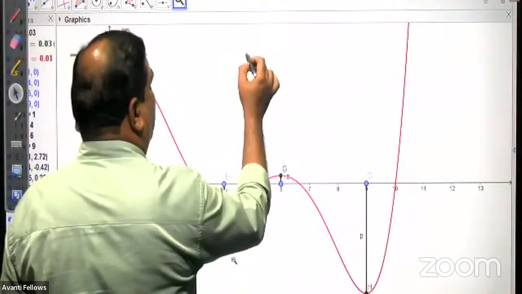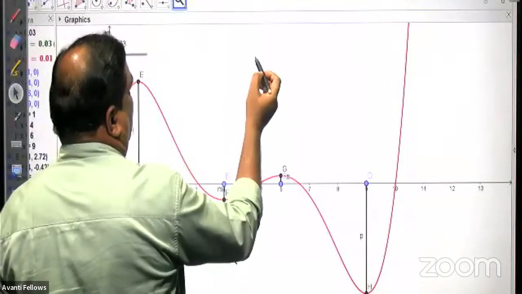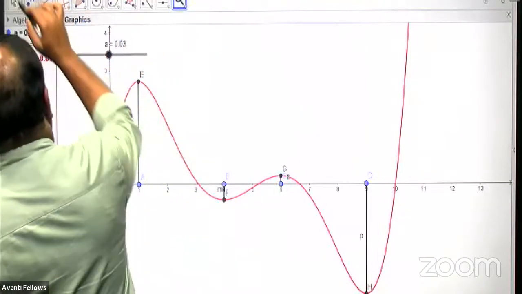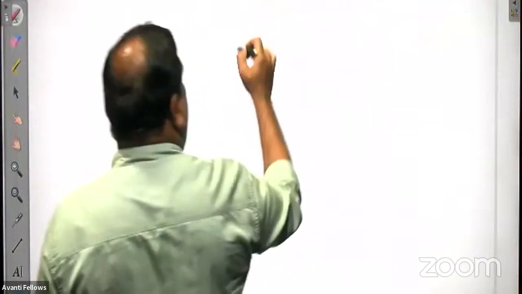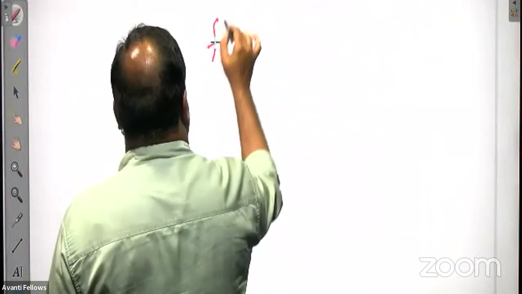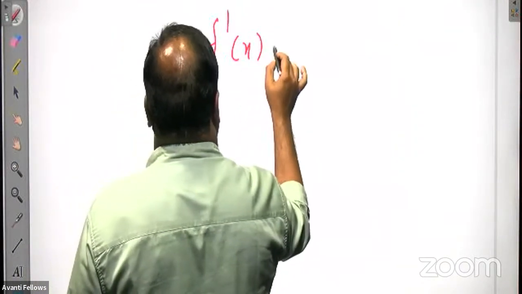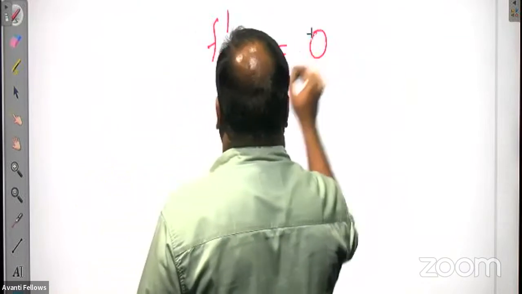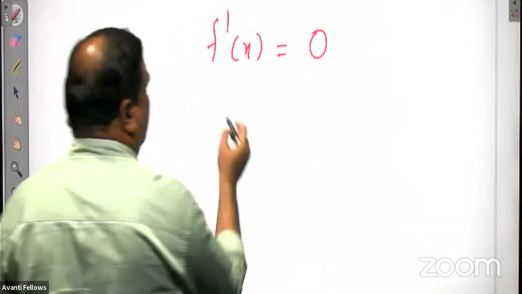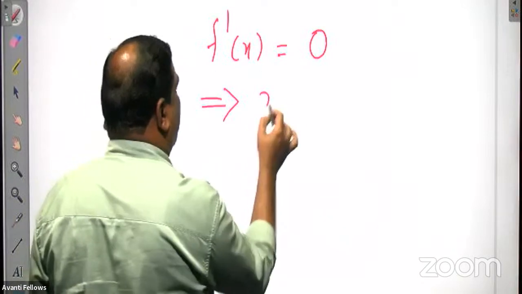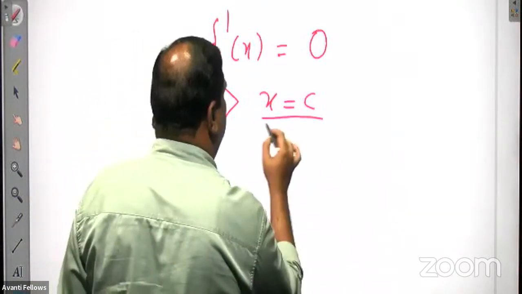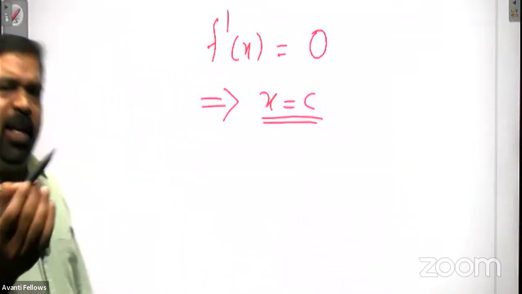How to get the critical point? Find the derivative of the function, and to get the critical point, you put f dash x equal to 0. Then after solving this equation, you will get some critical point. So let x equal to c be a critical point.